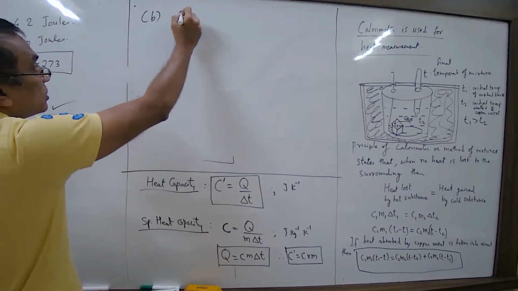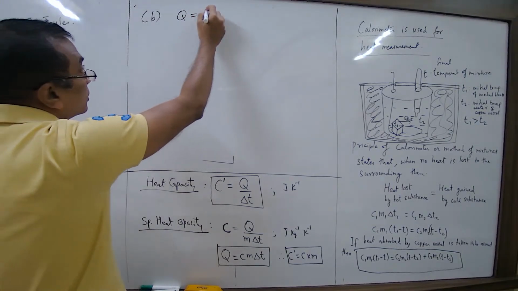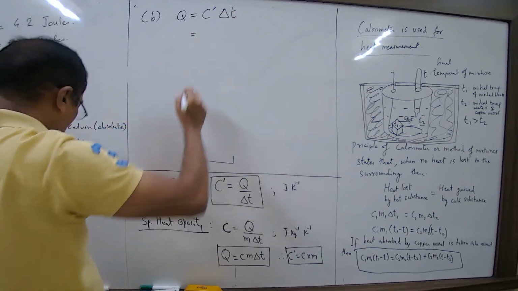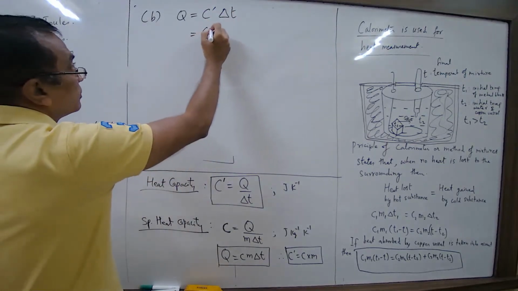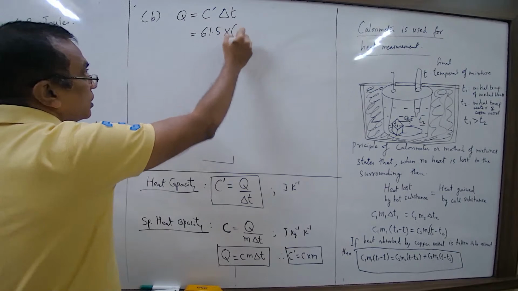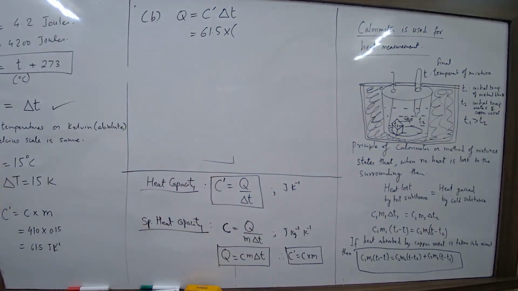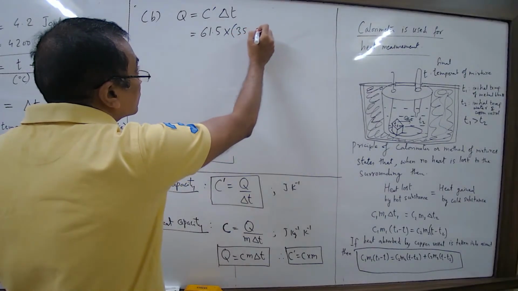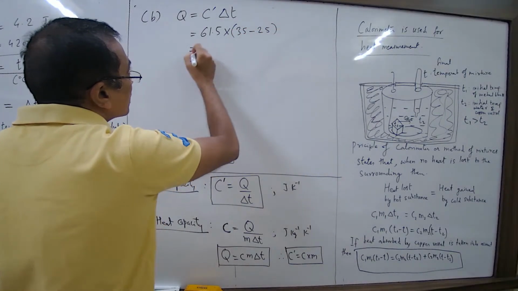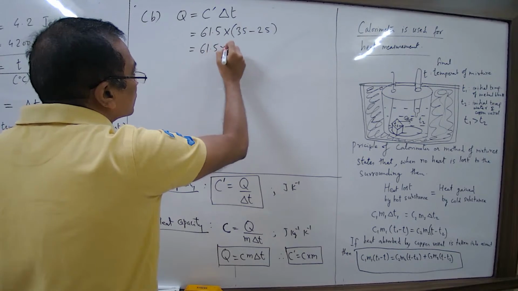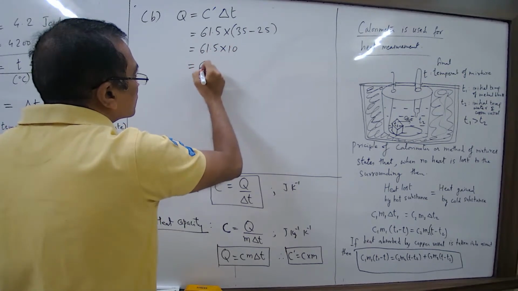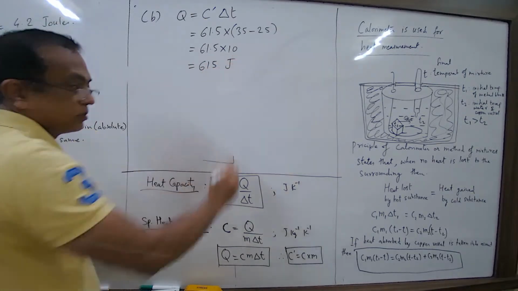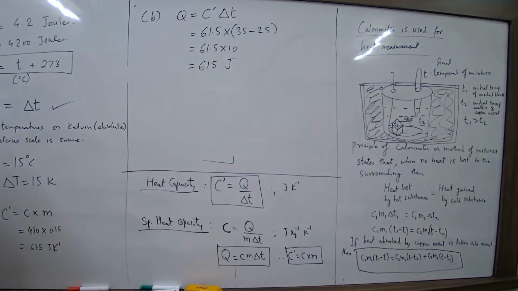So Q is equal to C dash into delta T. Okay. So you use 61.5 into what is the delta T? 35 minus 25. So this is 10, right? 615. The unit is joule, because Q is energy.